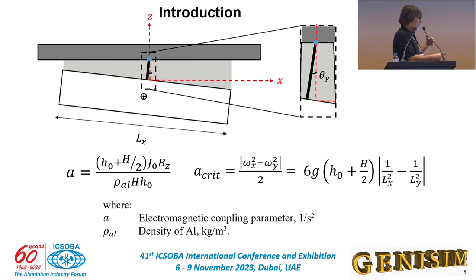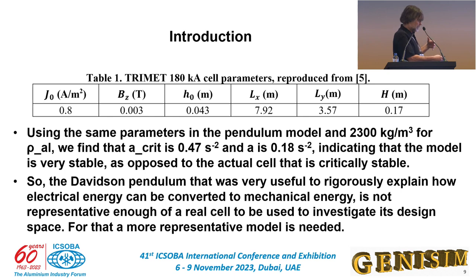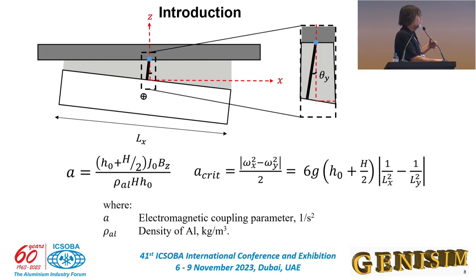It is based on the density of current traveling, J0, the magnetic field, BZ, the density of aluminum, and then the geometry, ACD, H0, and H, the height of the metal pad.